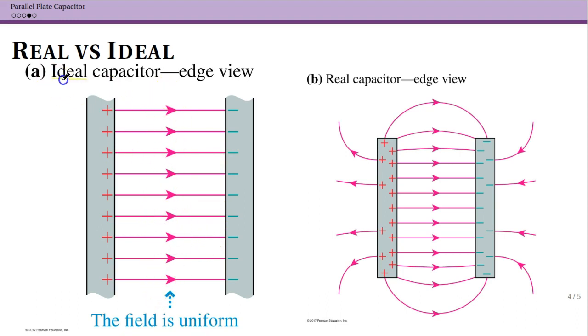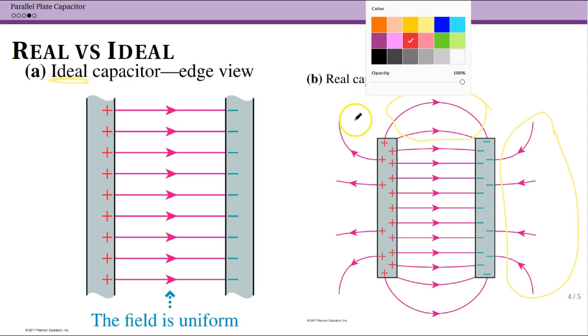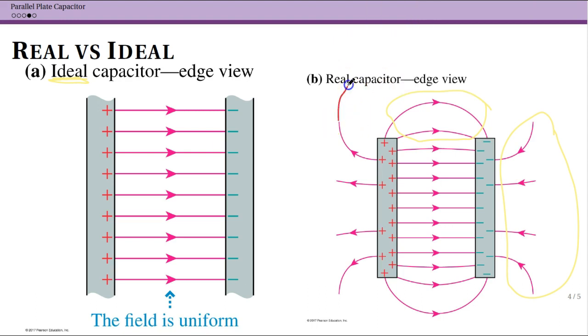Now this is an ideal capacitor. This is our nice physics class, easy to calculate capacitor. A real capacitor actually has edges. Once you have edges, that means that near the edges, the fields start escaping outwards. That actually means that you do have a little bit of electric field on the outside, and you can think of this as effectively continuing some of these field lines all the way around.